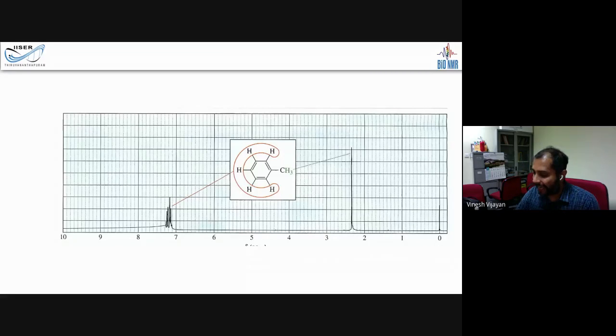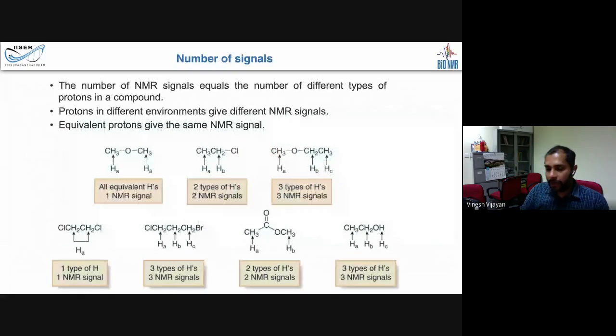But if you go to a higher spectrometer frequency, very high field, like 600 or 700 megahertz, then we should be able to analyze it in more detail, what kind of coupling, what kind of substitution, and everything. We will come to all this intensity in a bit.